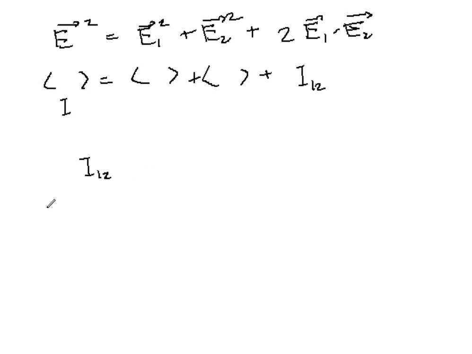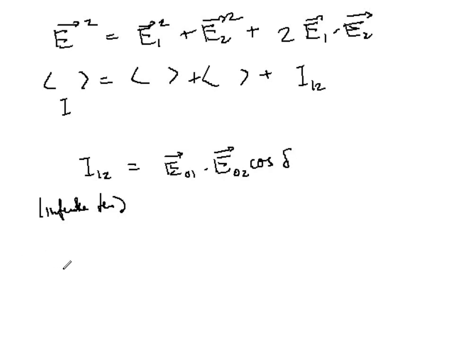This is basically the interference term, and I can write the I12 as E01 dot E02 into cos of delta, where this delta is equal to K1 dot R minus K2 dot R plus epsilon 1 minus epsilon 2, right?